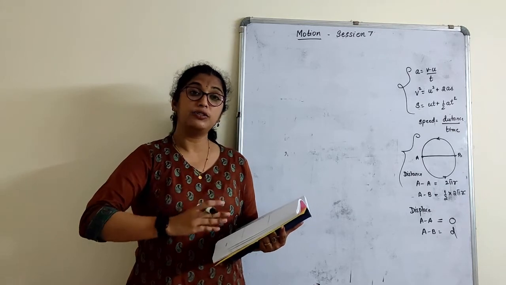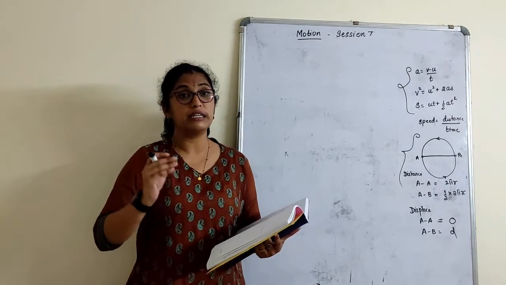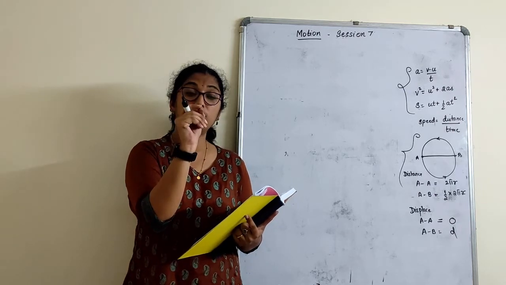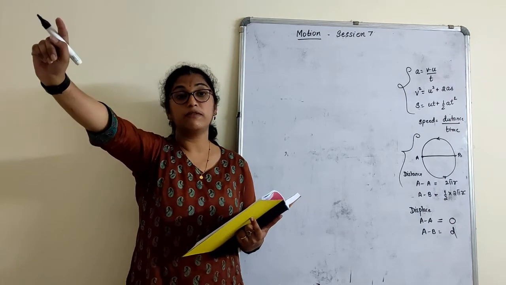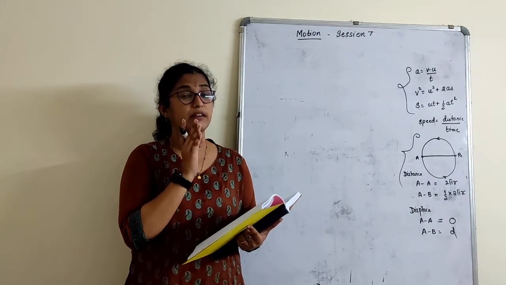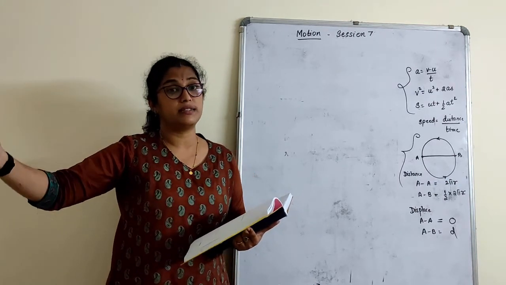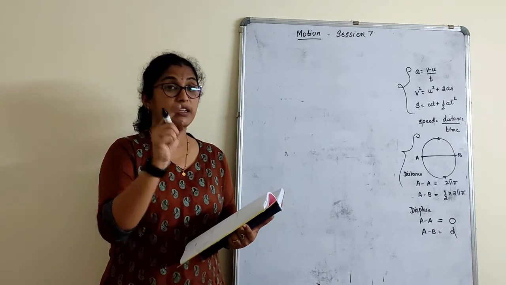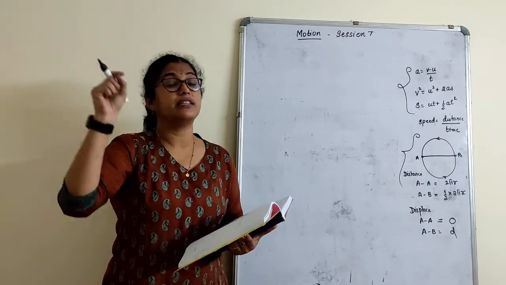The body at rest moves with the velocity if it is given: body at rest, initial velocity is 0. Moves with the velocity is a final velocity. The body moving with the velocity, U is given, comes to rest, V is 0.